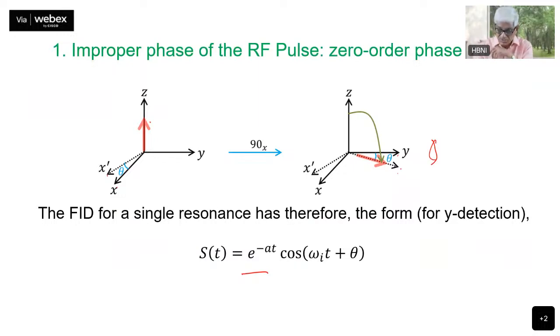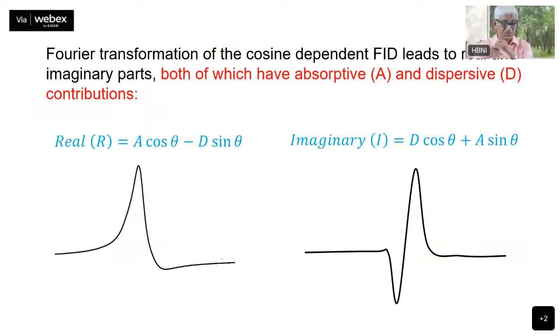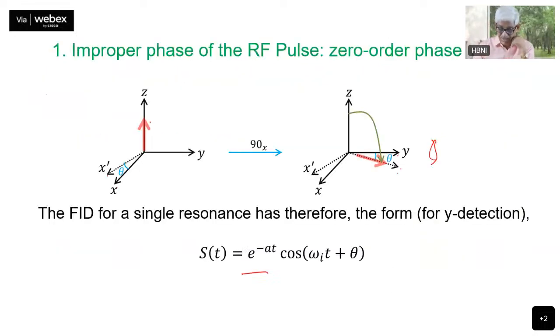Okay. What is the consequence of this? Now I take a Fourier transformation of this cosine omega t plus theta. So you see now what is the expansion of this? Let me write this e to the minus at.